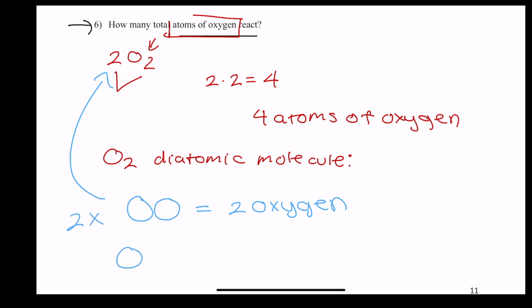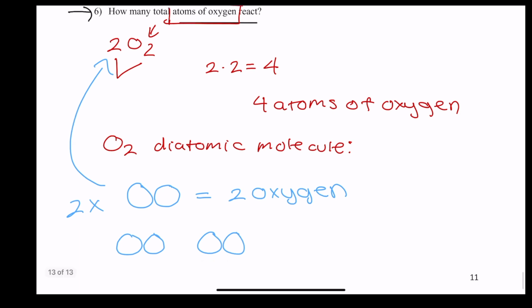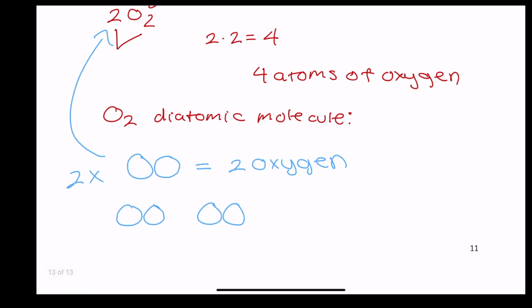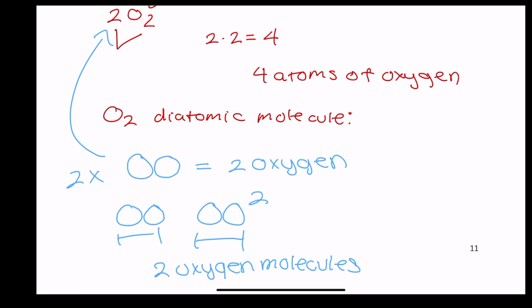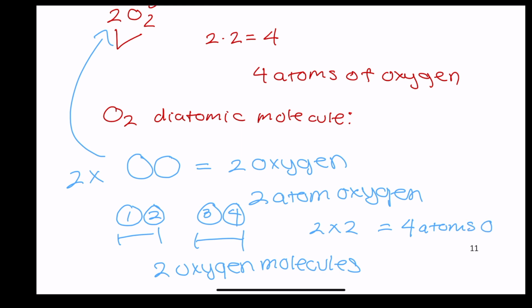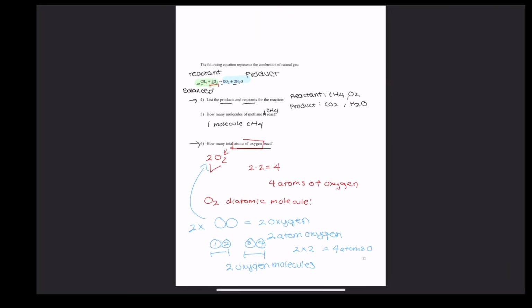So that means we have 1, 2. And these are my oxygen molecules. So we have 2 oxygen molecules, but in each molecule there's 2 atoms of oxygen. So that's why you do 2 times 2, or just add it up, 1, 2, 3, 4. So leaving us with a total of 4 atoms of oxygen. Okay? Hope that makes sense.